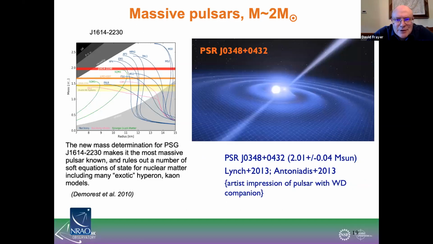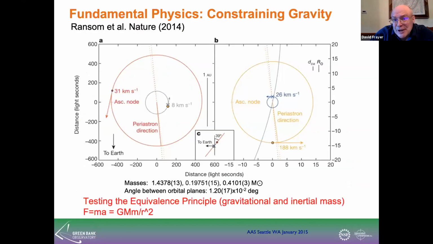But when you're observing pulsars, you can do a lot of other things. You can constrain the equation of state of dense matter objects. These different models here. You wouldn't really expect in the old days to get pulsars being more than maybe 1 to 1.4 solar masses, not 2 solar masses. So that's saying something about that dense matter. You constrain fundamental physics, constraining gravity, testing the equivalence principle.